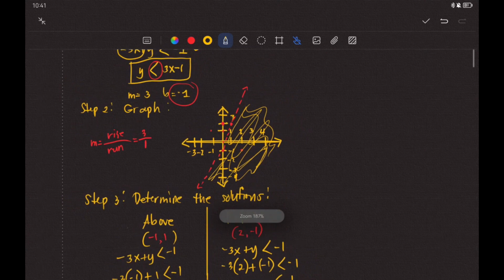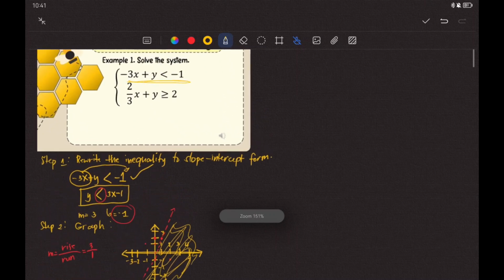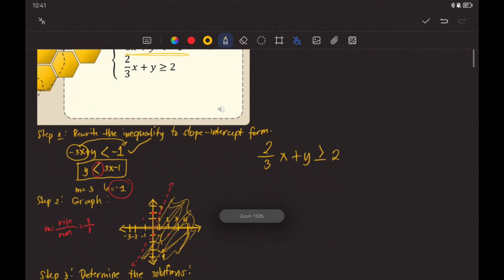Now let's solve for the second inequality. We have here 2/3 x plus y is greater than or equal to 2. Now rewrite the inequality to slope-intercept form, transferring 2/3 x to the other side. From positive, that will become negative.